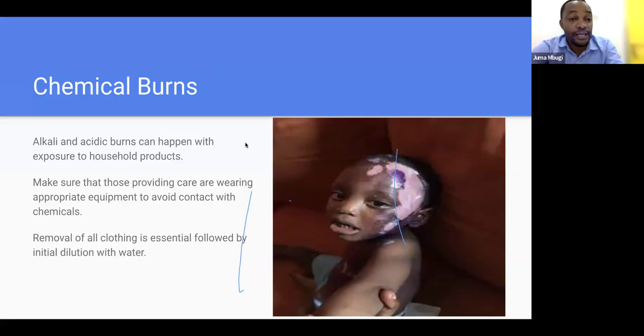Those providing care for patients with alkali or acidic burns should wear proper PPE to avoid becoming victims themselves. Usually we remove all the clothing of the patient, followed by initial dilution with water in case there are chemicals still on the clothes.